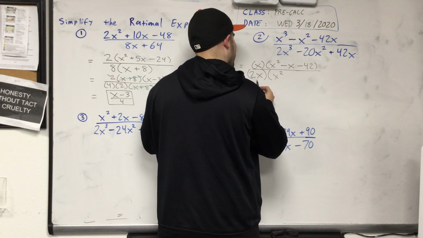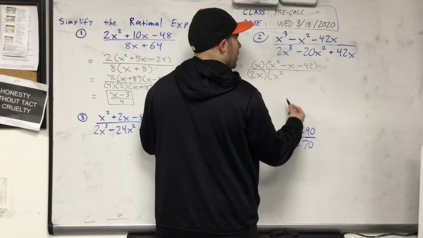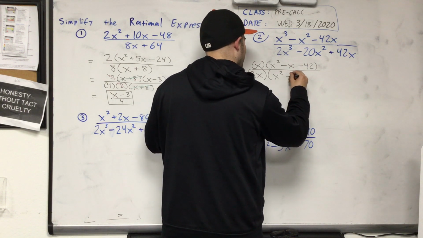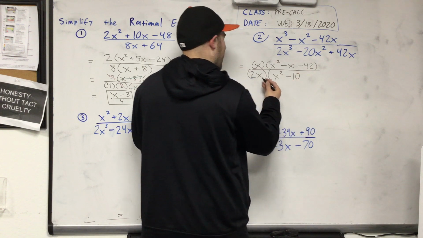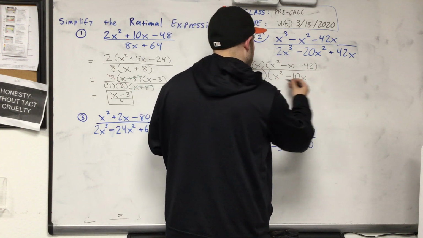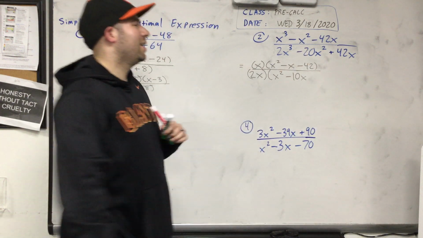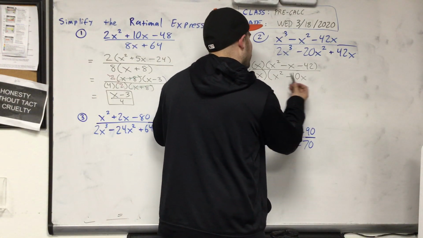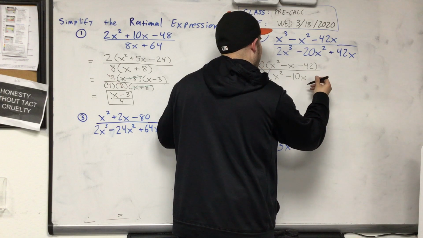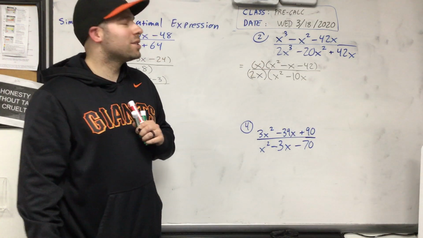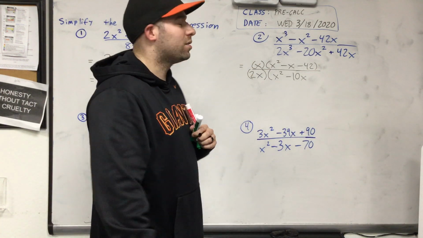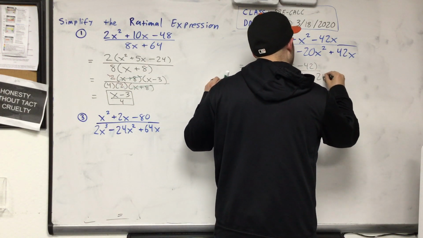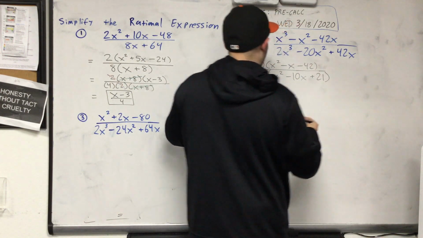So then 2x times what is negative 20x squared? Well, 2 times 10, so that'd be negative 10, and x times x is x squared. So 2x times negative 10x is negative 20x squared. Now, 2x times what is 42x? 2 times 21 is 42, so 2x times positive 21 is 42x.